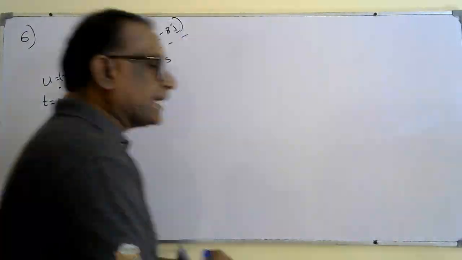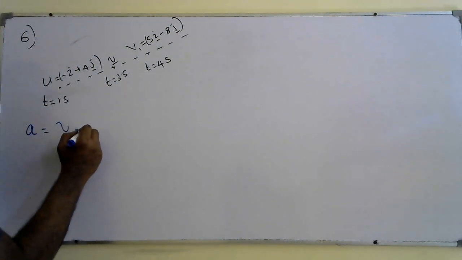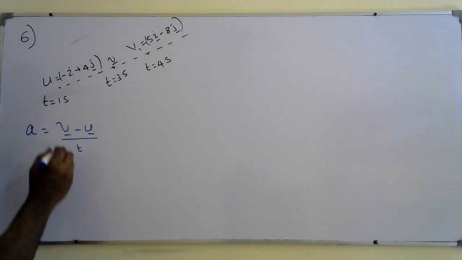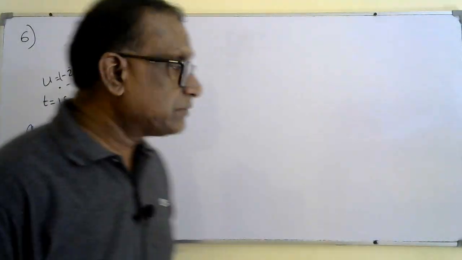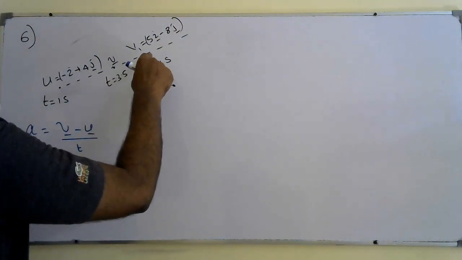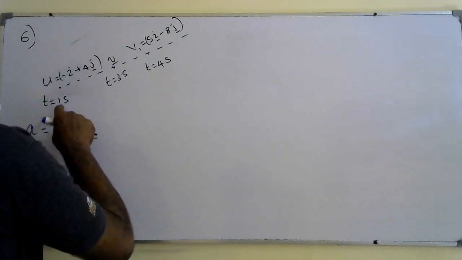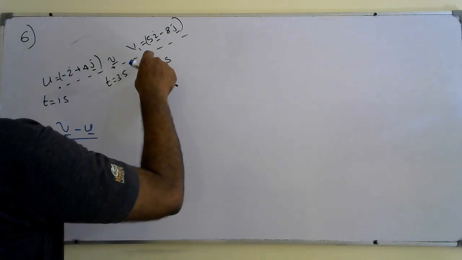So we know that the acceleration is given by a equal v minus u over t. That is true throughout the motion, same acceleration. If I find the acceleration by considering the velocity at 1 second and at 4 seconds, a 3 seconds interval, that will be the same as when I consider the acceleration using 3.5 seconds and 4 seconds.